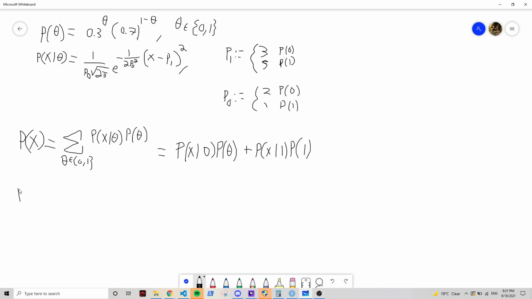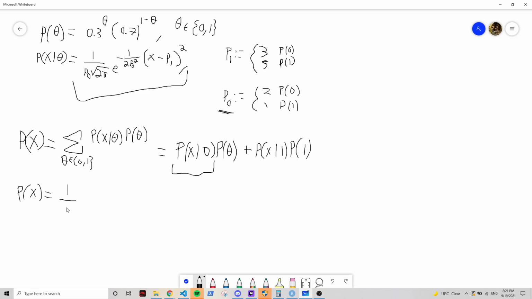So expanding this out a little further, p of x given 0, what is this? We take this, and now we have theta equals 0. And so our standard deviation, when theta is equal to 0, our variance is 2.